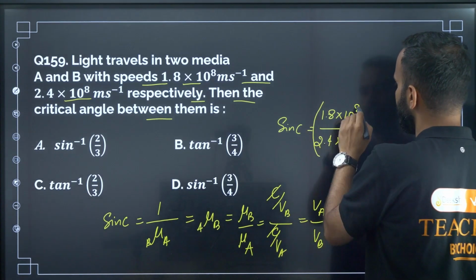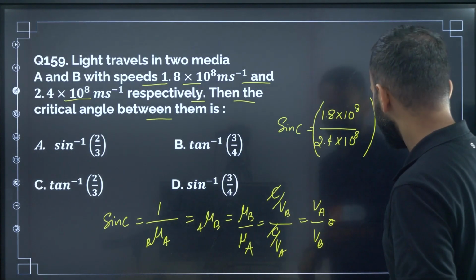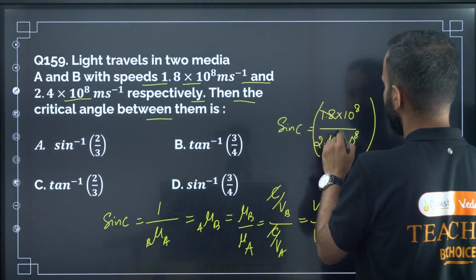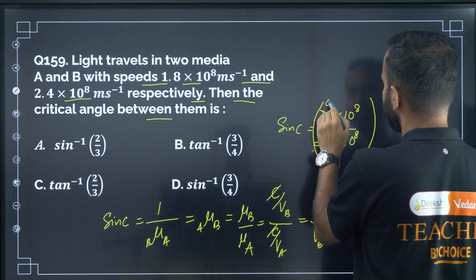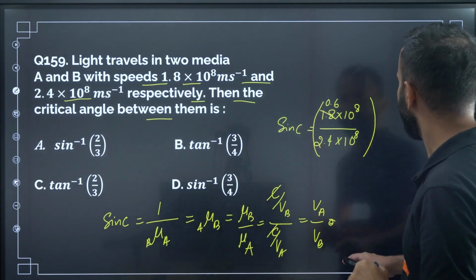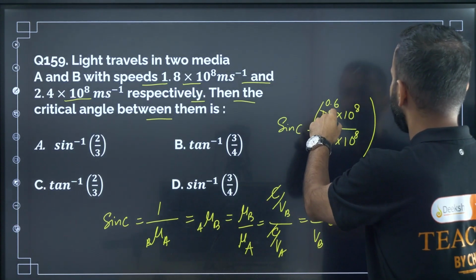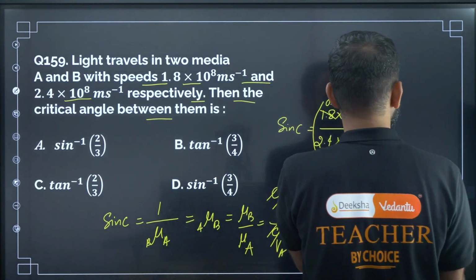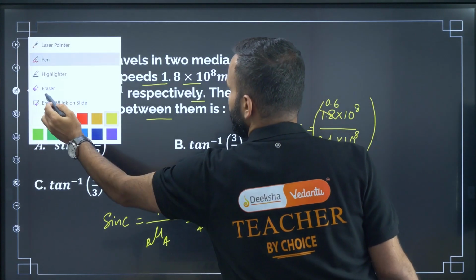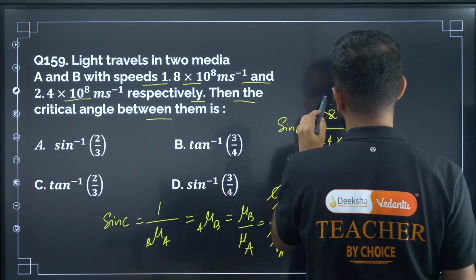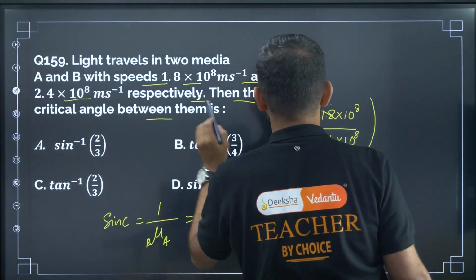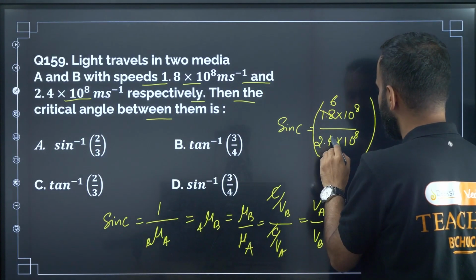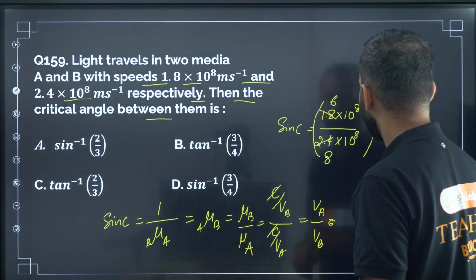Here 0.3 into 6 is 1.8, and 0.3 into 8 is 2.4.